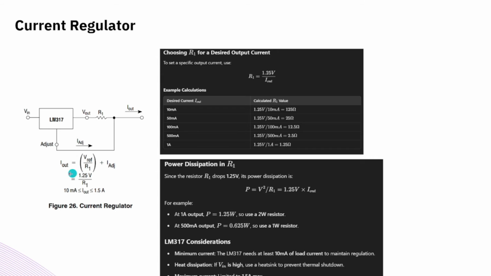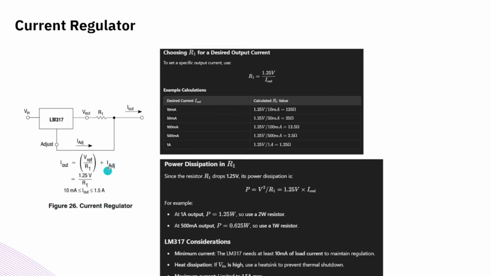If you see the I out formula, the current that can flow from here is V reference, which for this LM317 is, if you go through the data sheet, 1.25 volts, and then you have R1. And then you have I adjustable, which is basically a sort of feedback, and this is very small, somewhere in the microamps.